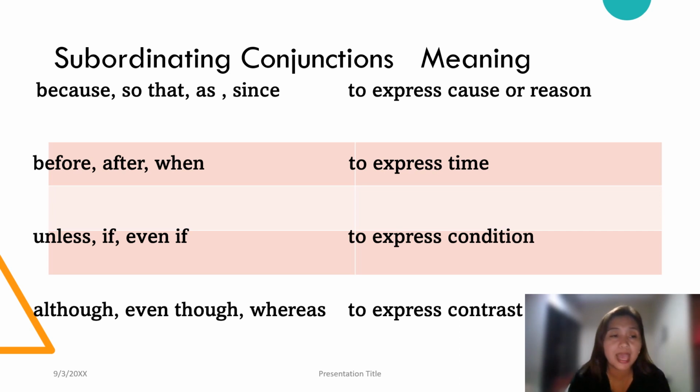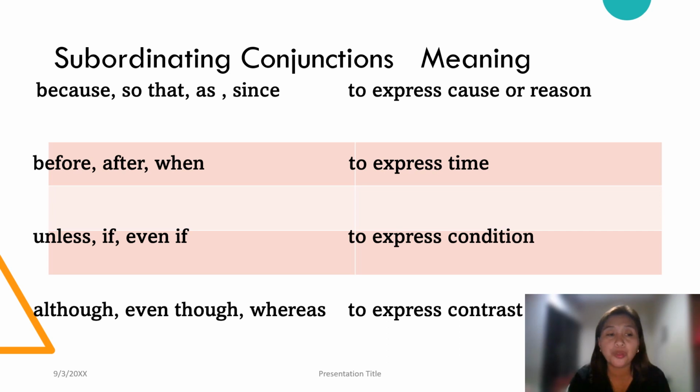Next is unless, if, even if. These conjunctions express condition. For example, if you're going to predict the weather, if tomorrow is sunny, we are going to the beach, right? So you express condition. If this thing is going to happen, then this other thing will be true, or it will happen.